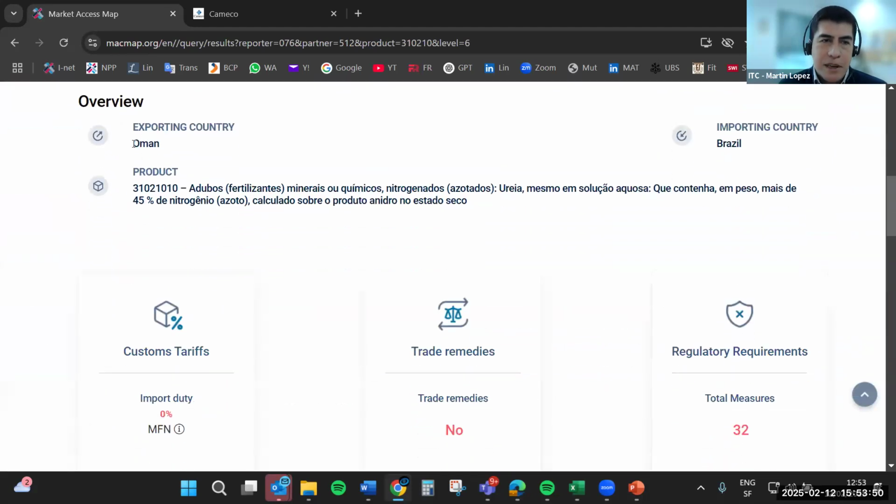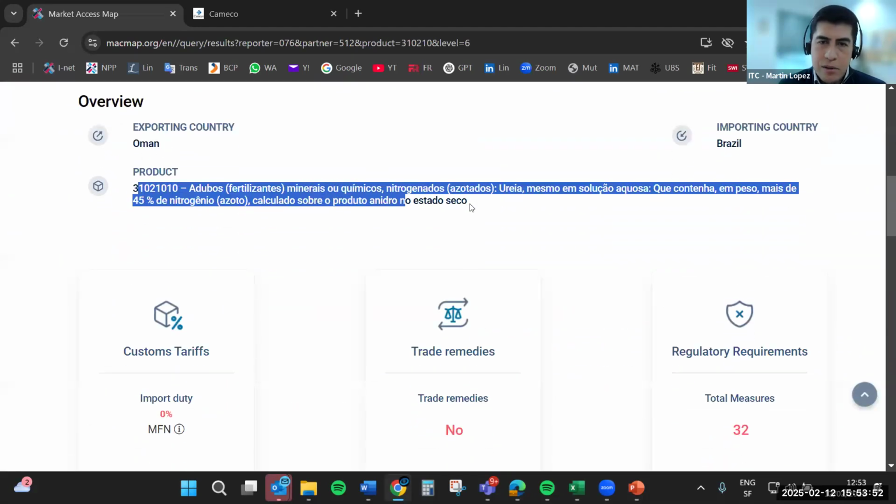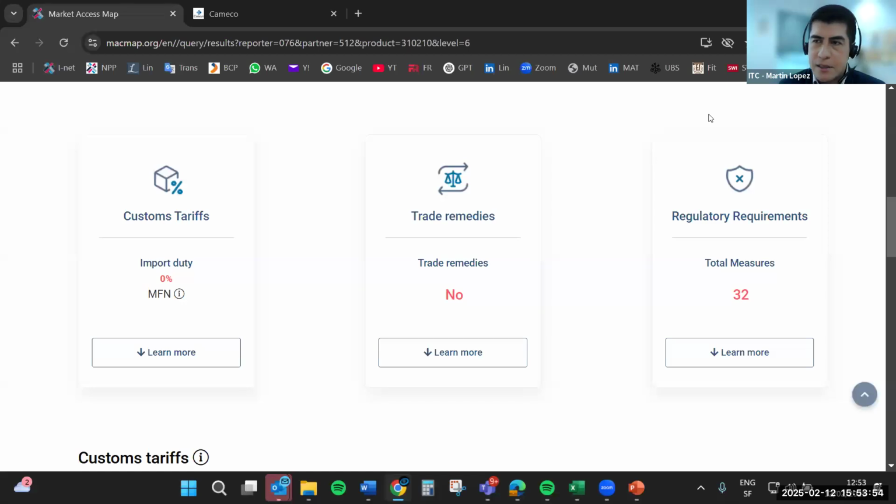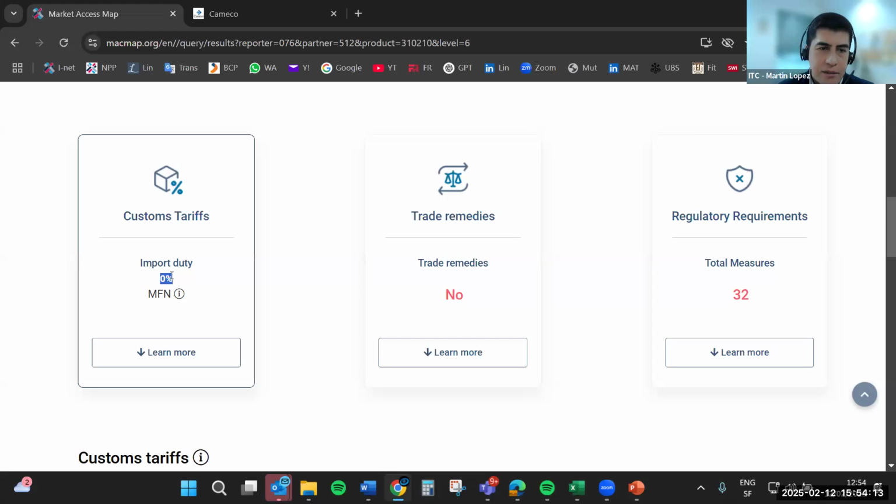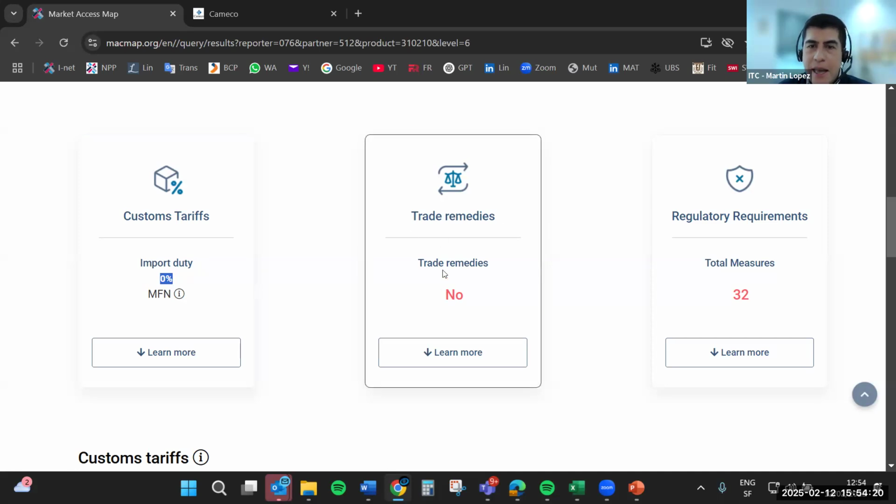So, okay, I'm confirming the exporting country, Oman, for this product, urea, and I have these three cards. With these three cards, I'm learning three important things. Number one, there is an import duty of 0% by default, even without a trade agreement, for urea coming from Oman into Brazil.